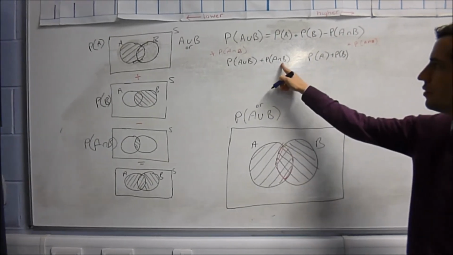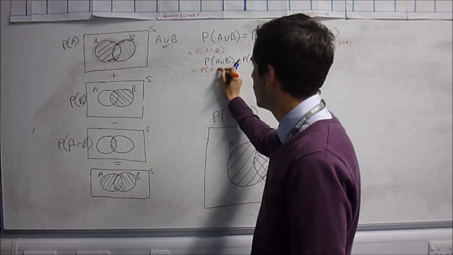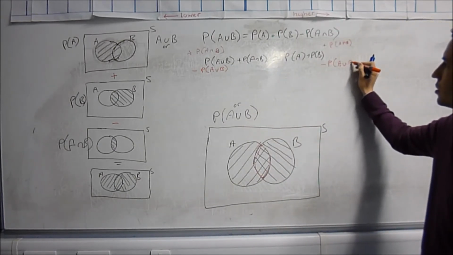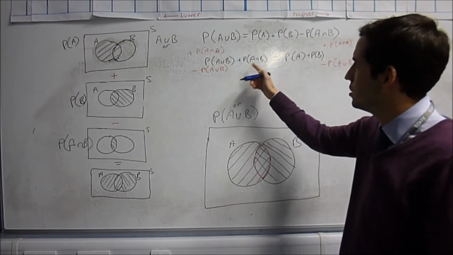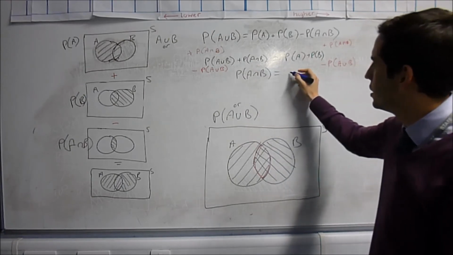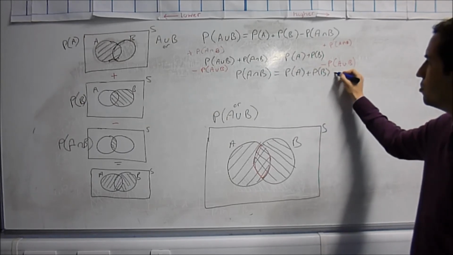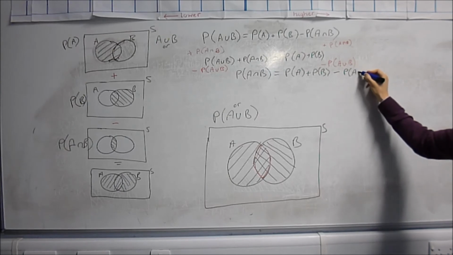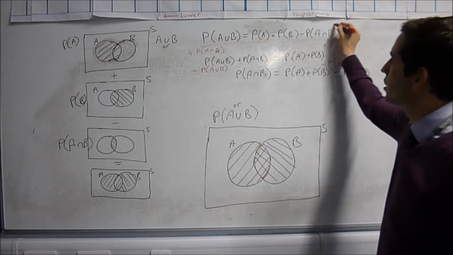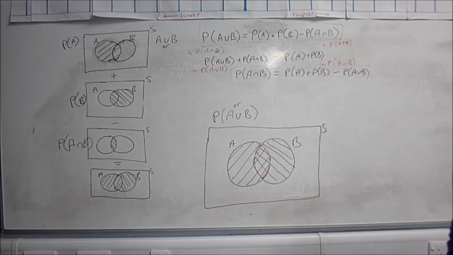And now to make probability of A and B the subject, we're just going to take away probability of A or B from both sides. And so by taking away both, we're just left with the probability of A and B on the left, and on the right that equals the probability of A plus the probability of B minus the probability of A or B. So it works both way rounds. You can have either one as the subject. Bonza.